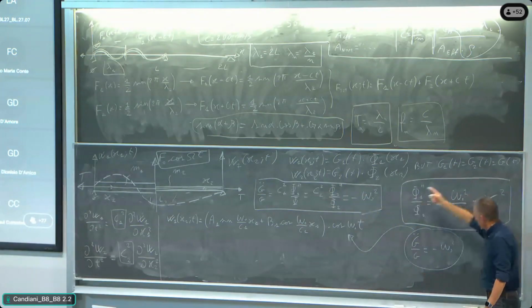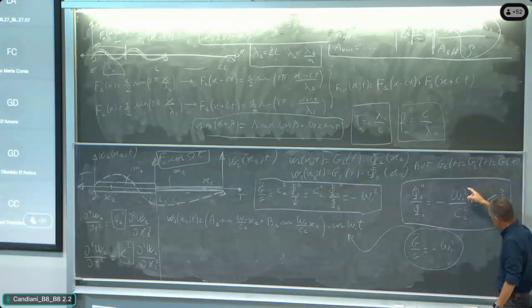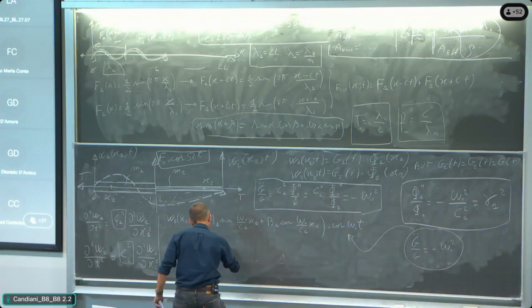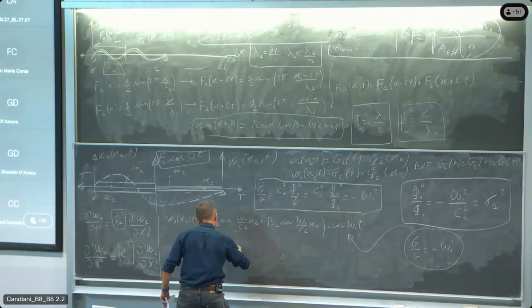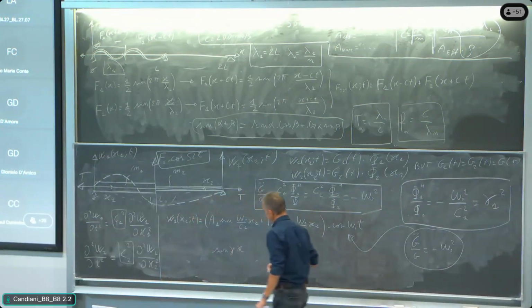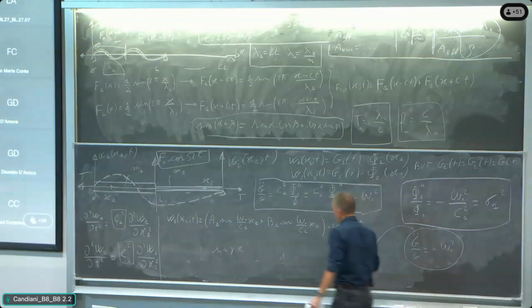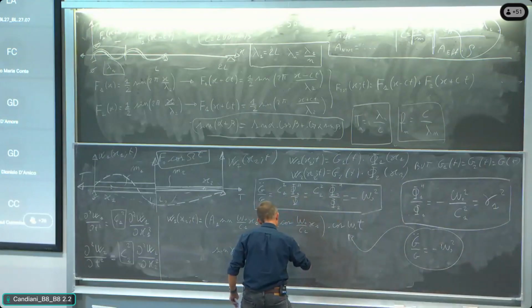We can write all of that like omega 0 square divided by C square. To this quantity we give the name gamma square. And so the function that we should write is sinus gamma x. You were used to write sinus gamma x and cosinus gamma x.